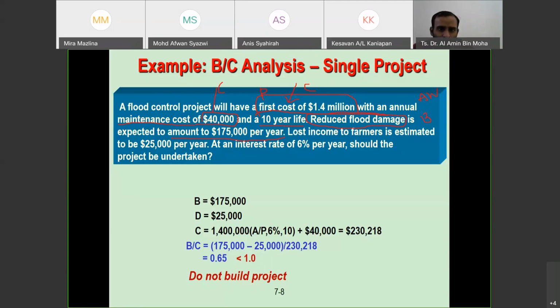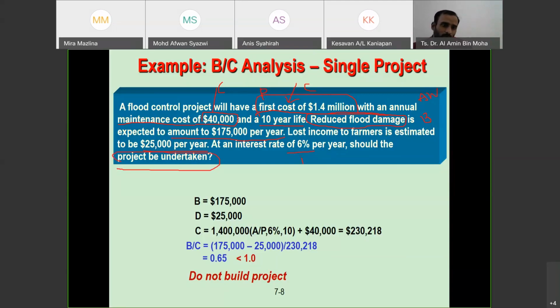And lost income to farmers is estimated to be 25,000 per year. So this is the lost income to the farmers. It's a benefit if it happens, right? Reduced flood means that they still have flood happening, right? At the interest rate of 6%. So this is I. So should the project be undertaken?